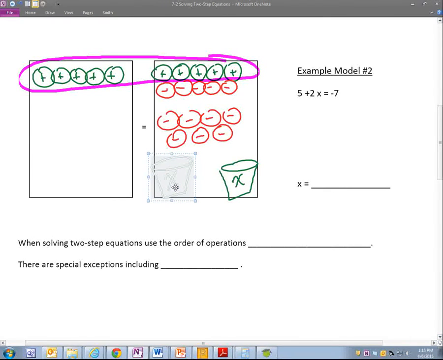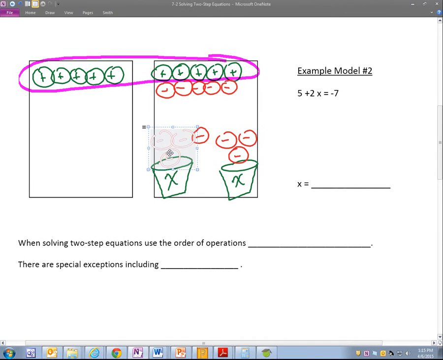How many is going to go in each one? There's 6 in each one, yes. There's going to be 6 in each of these.